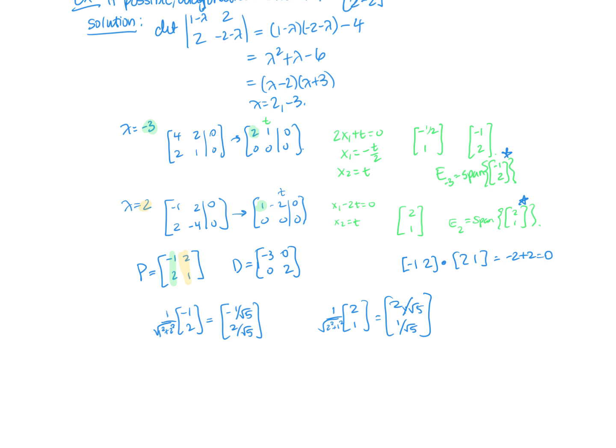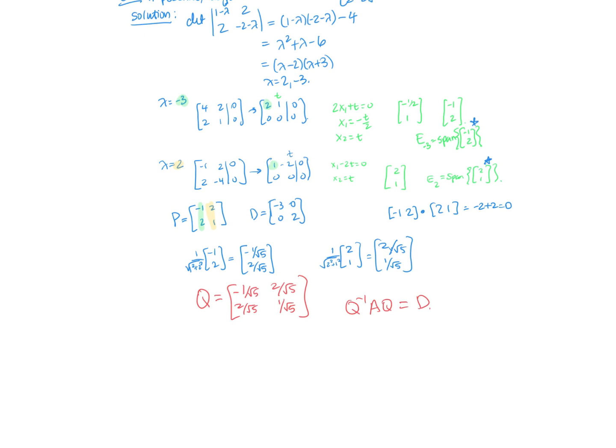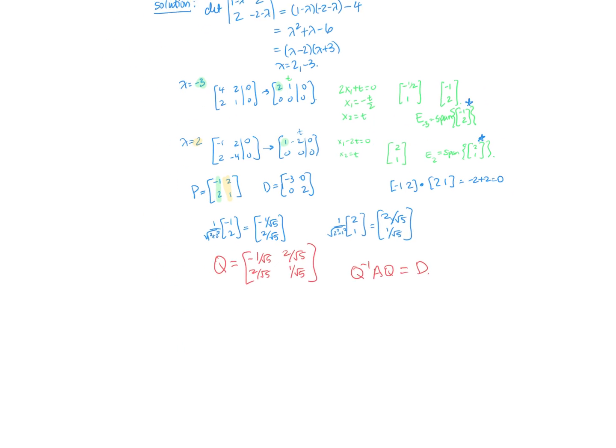So I can let my matrix Q be this orthonormal version: -1 over square root of 5, 2 over root 5, 2 over root 5, 1 over root 5. So there is my orthonormal matrix, and then Q inverse A Q is equal to that diagonal matrix D. And so I've shown that A is not only diagonalizable, but it is orthogonally diagonalizable based on that definition.